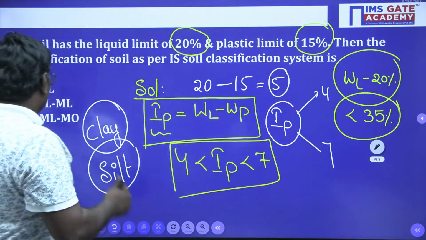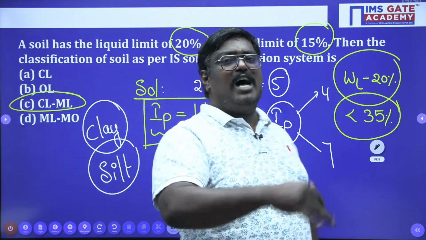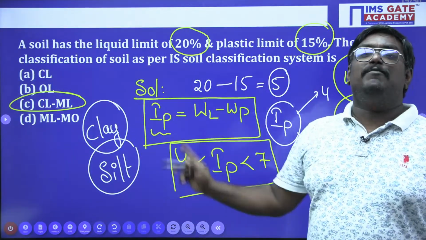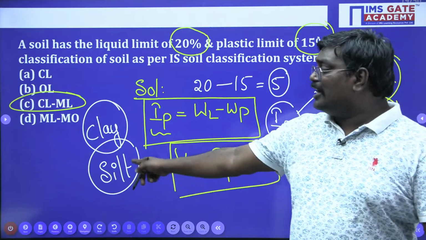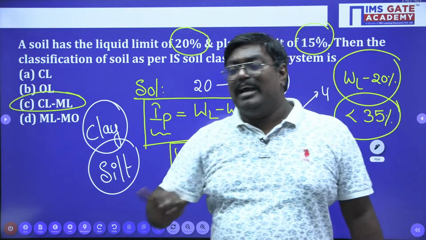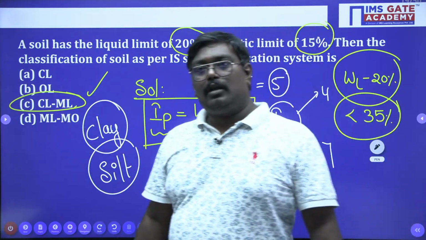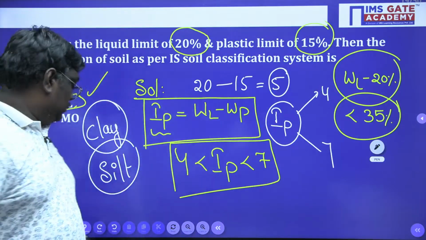So here we can write it as option C, CL and ML, because as IP value is between 4 and 7, it has the dual nature of clay and silt, and it is also low compressible. So the option is correct. I hope you are clear.